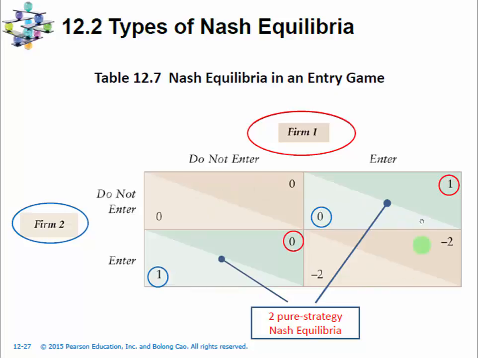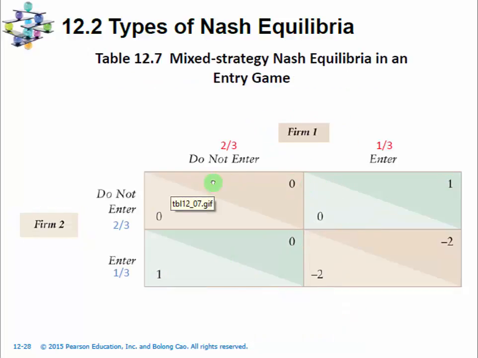In this payoff matrix, there are 2 green cells, which indicate the 2 best responses by both firms. Either firm 2 enters and firm 1 stays out, or firm 1 enters and firm 2 stays out. There are 2 pure strategy Nash equilibria in this game. But that is not the end of the story. There is another, a mixed strategy Nash equilibrium, in this game.